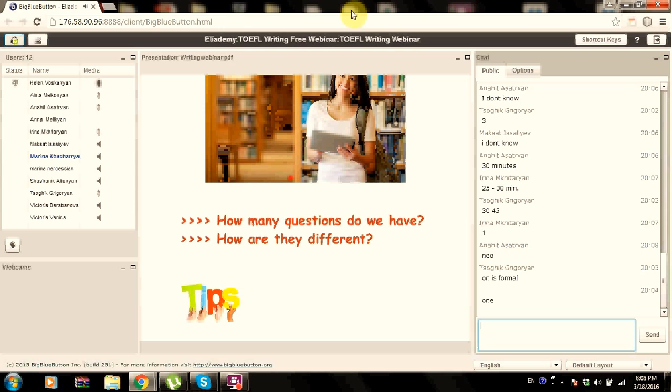Of course both of them are essays, but the first one is the integrated topic. The integrated question is a question which has different sources. You might have one source, two sources, and from this you need to create an essay, coming out with the answer to the task that you have.